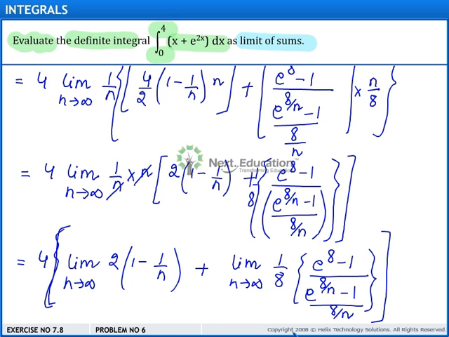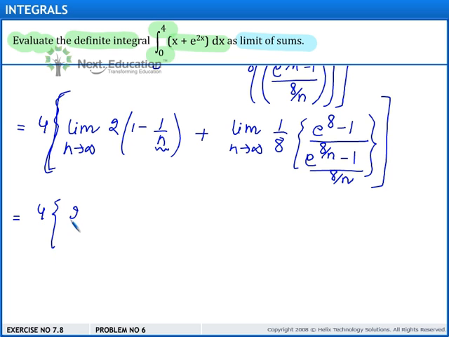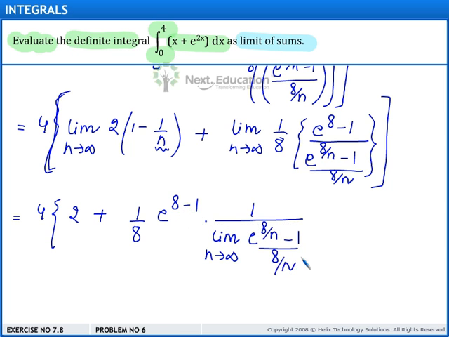Right? Now this is further equal to, here this term becomes 0, so we have 4 and this gives 2 plus 1 upon 8 into exponential raised to the power 8 minus 1 into 1 upon limit as n approaches to infinity exponential raised to the power 8 upon n minus 1 divided by 8 upon n.